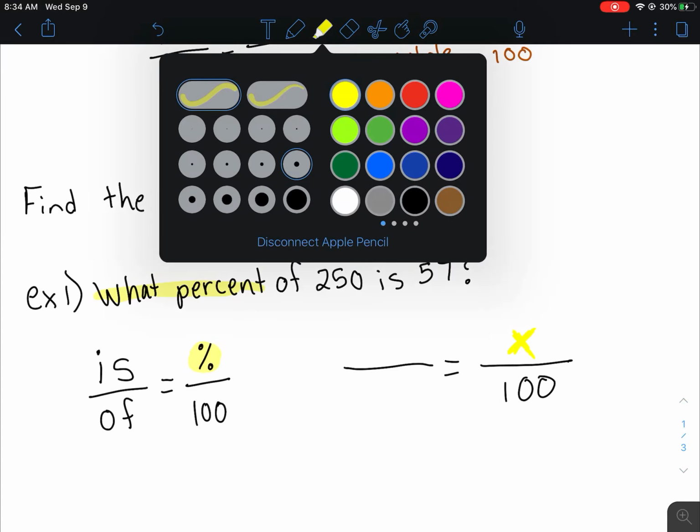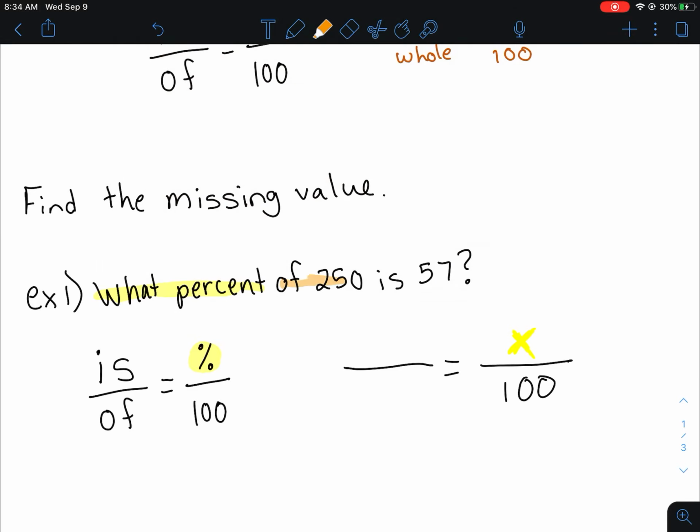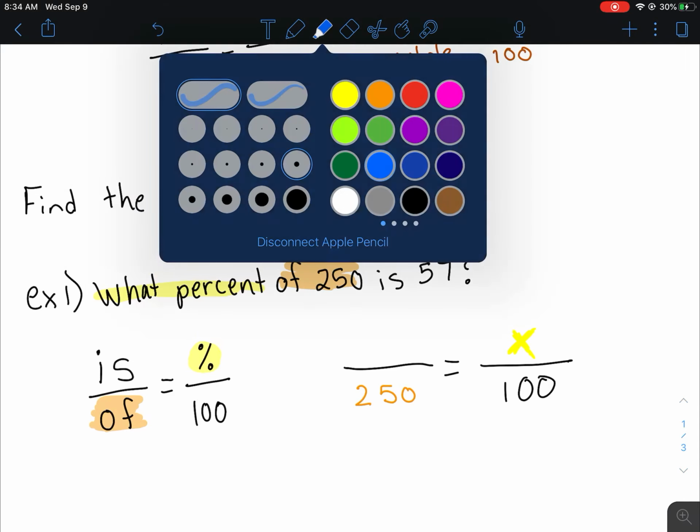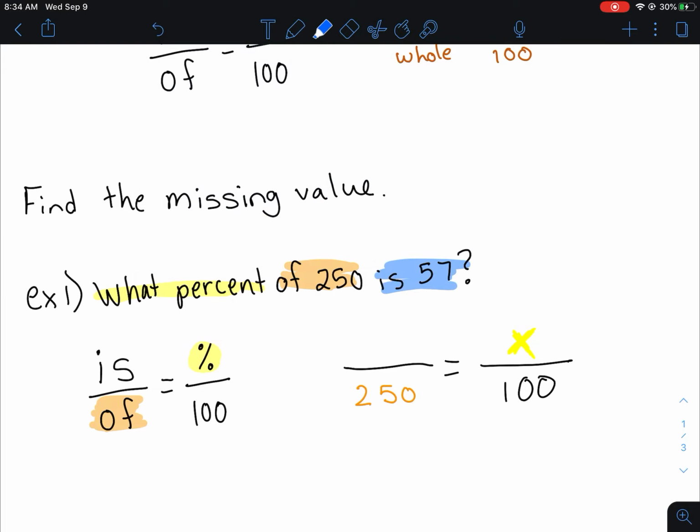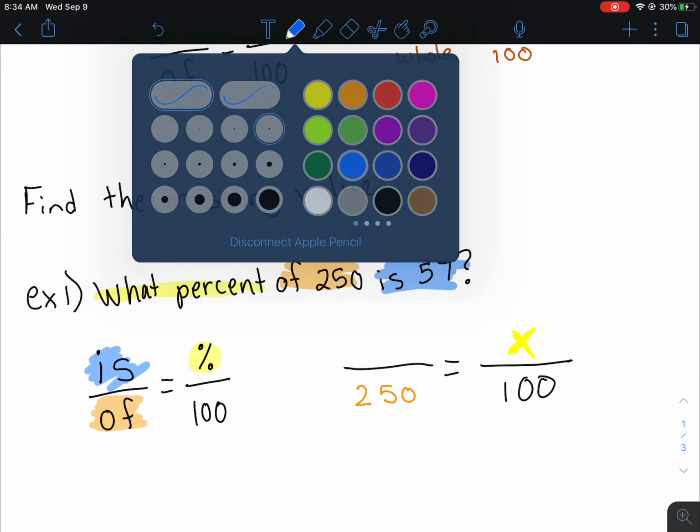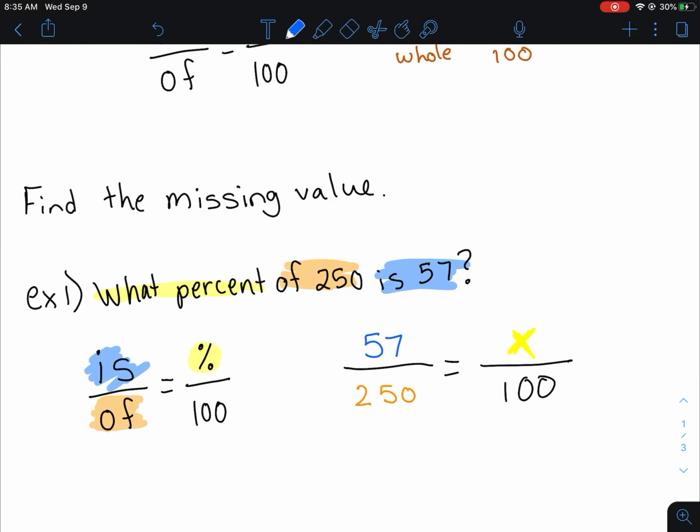Then when it says of 250, the of goes down in the denominator, so 250, and then the is part says is 57. All right, so I'm going to put 57 right here.